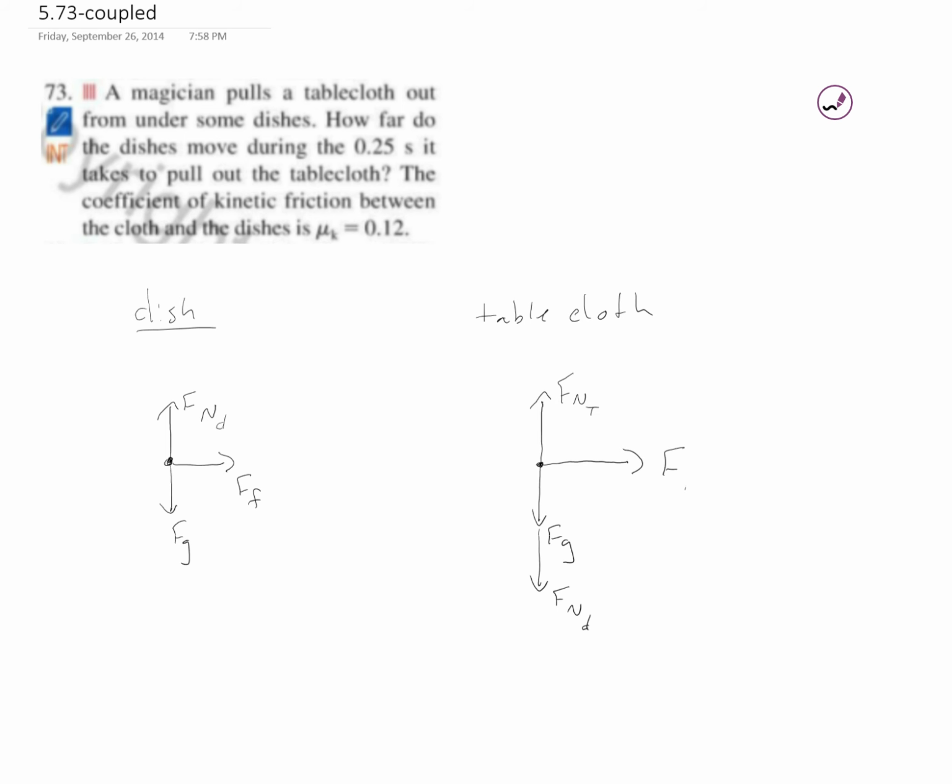We'll call this F from the pull. This will be force of friction, and this friction will be with the dishes. And we'll have a little bit more friction probably with the tabletop.